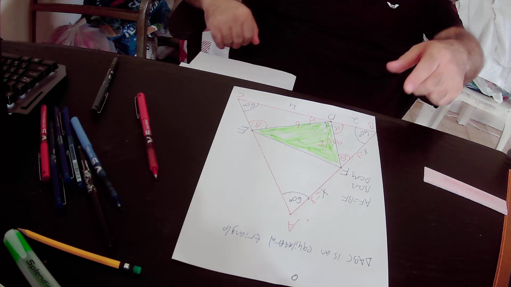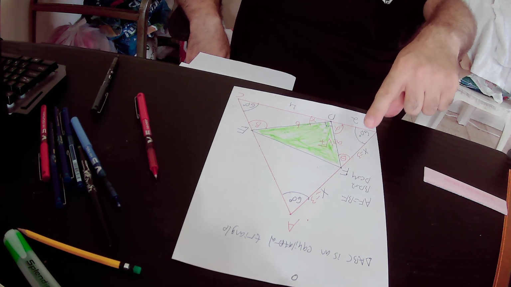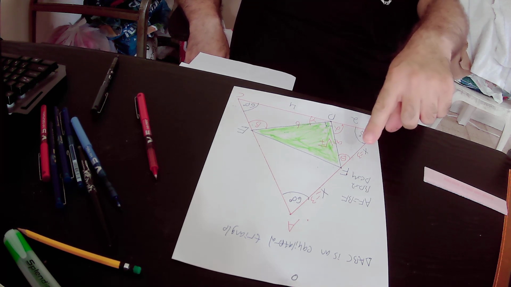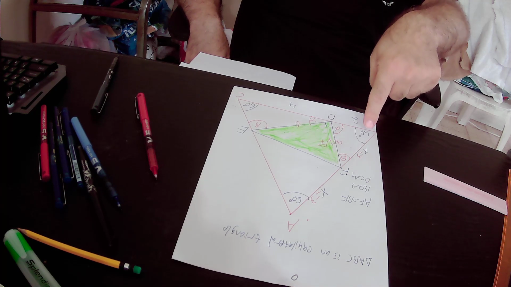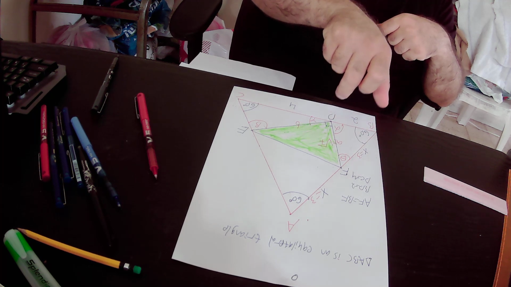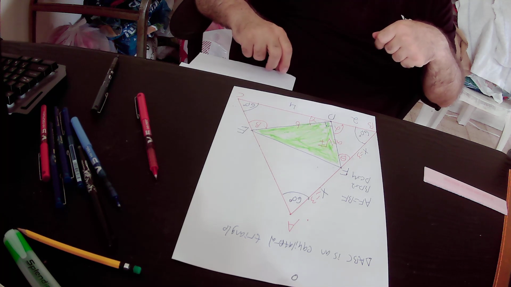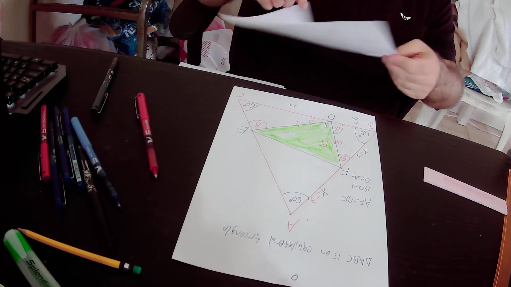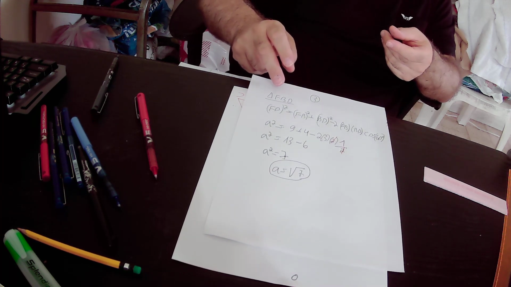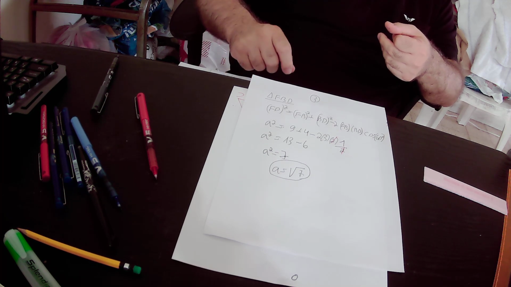In the small triangle FBD, according to the law of cosines, FD squared equals FB squared plus BD squared minus 2 times FB times BD times cosine 60 degrees. Okay, but what is FD?